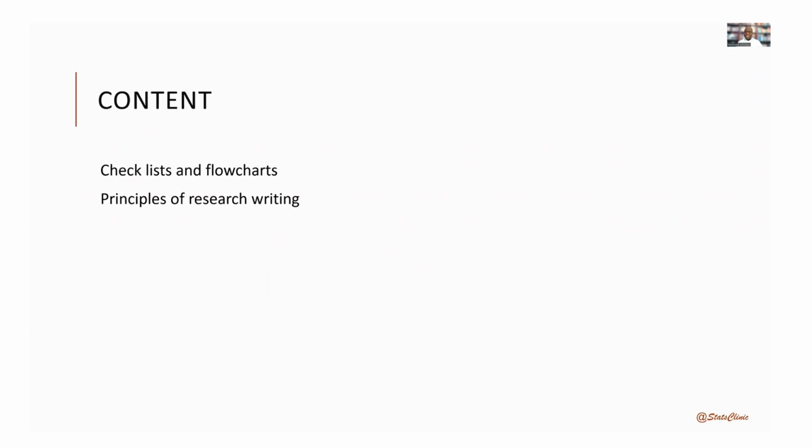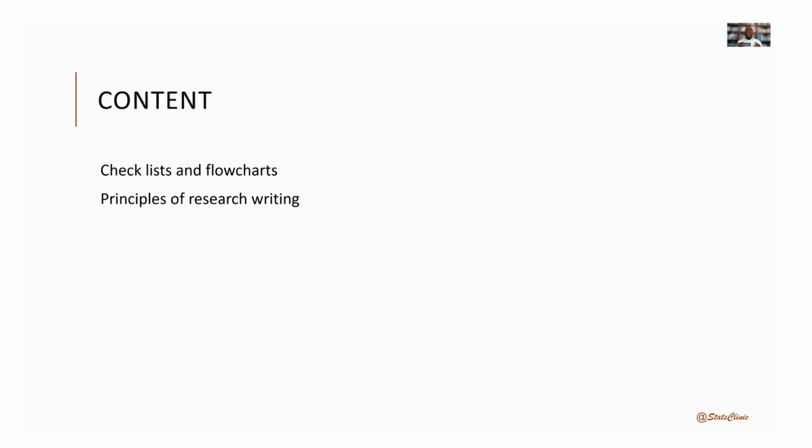A checklist is not a writing code book to communicate your research. But here's the thing. If you're leaving stuff out of your checklist, then your writing is not yet complete.